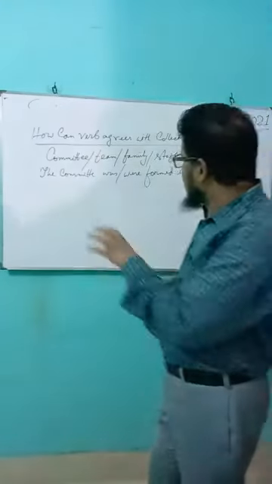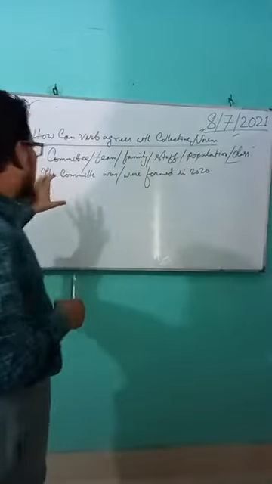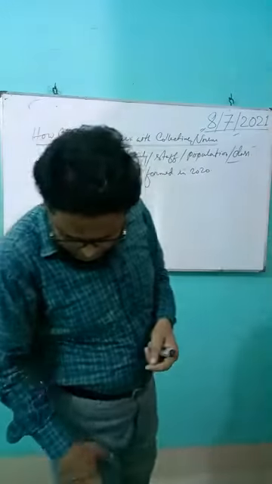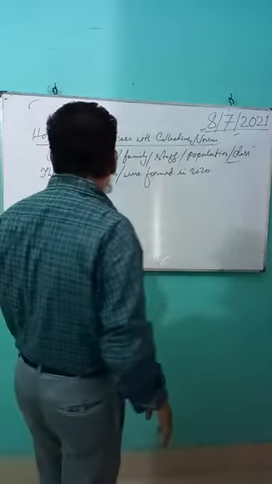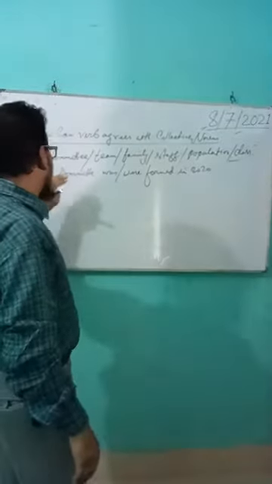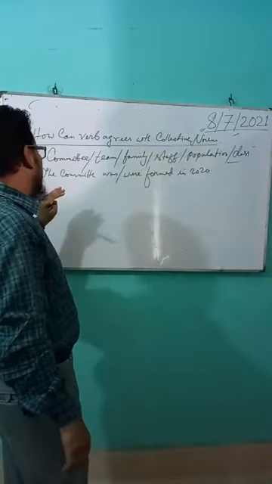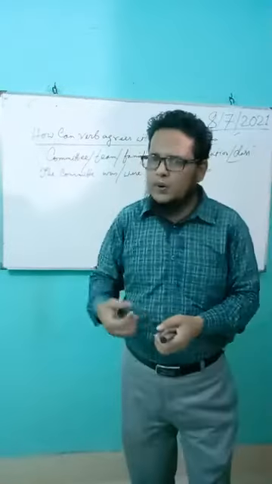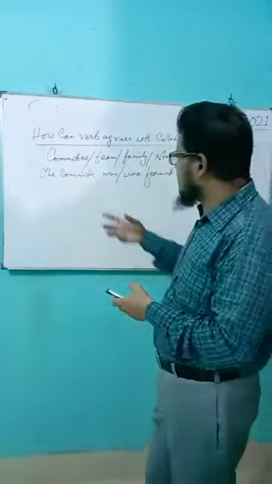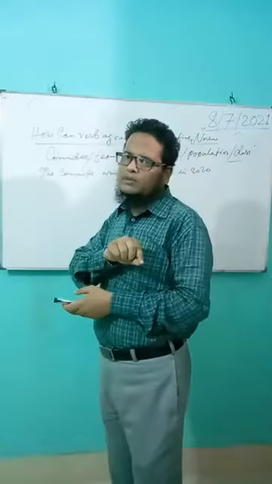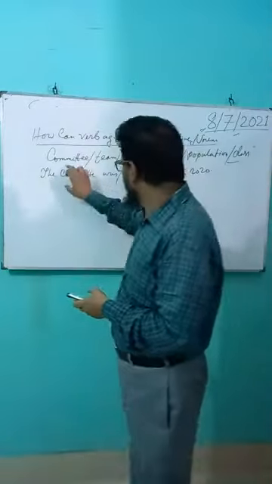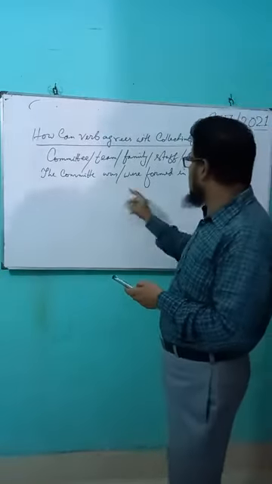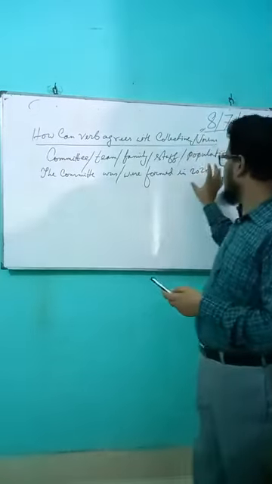Actually, we can see that the committee, though it is a collective noun, can take a singular or a plural verb. Collective nouns can take a singular as well as a plural verb. So when it takes a singular verb and when it takes a plural verb, that is the matter. Which one is correct here?